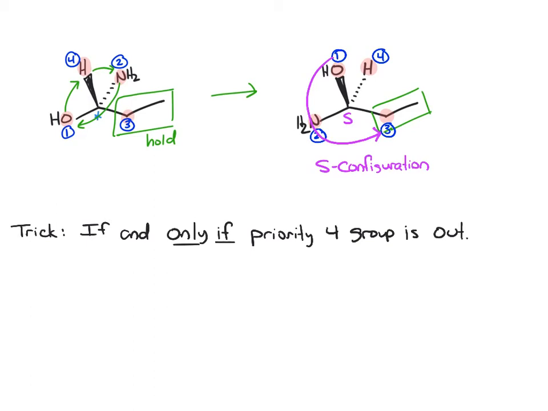So the priority 4 group has to be on a wedge for this to work. The trick is, don't move it back, okay? Just draw your arrow from 1 to 2 to 3, and then give the opposite assignment of what it appears.